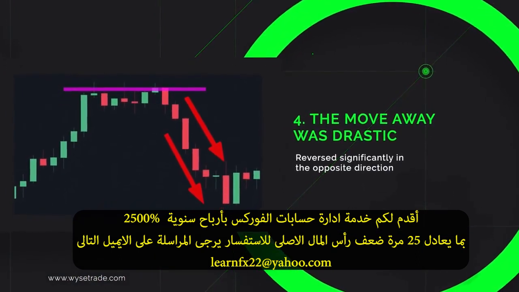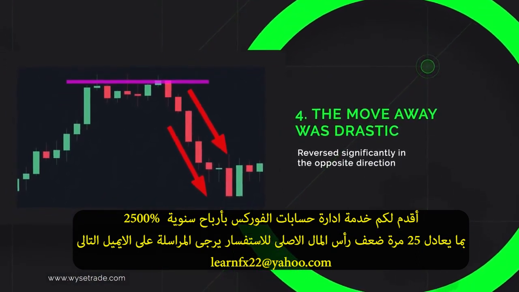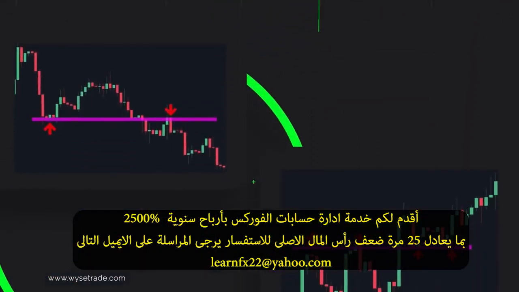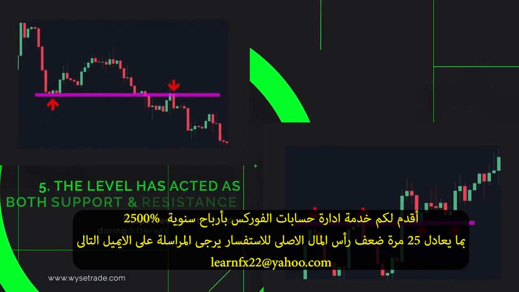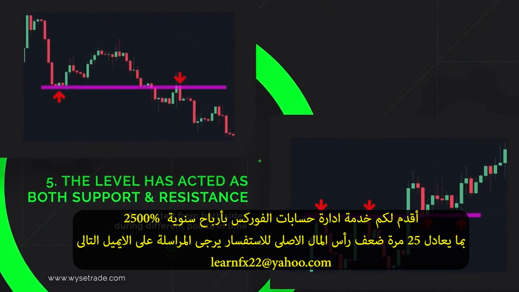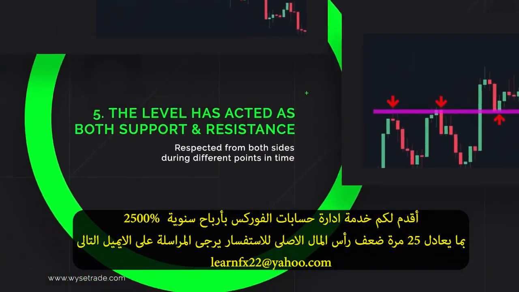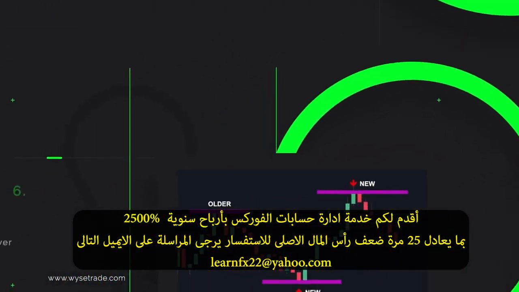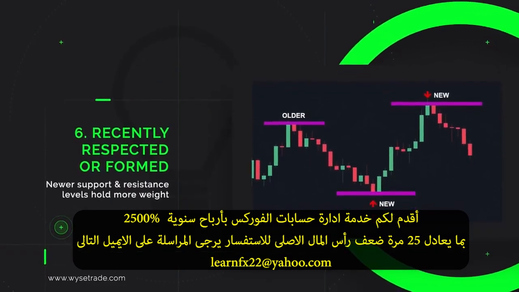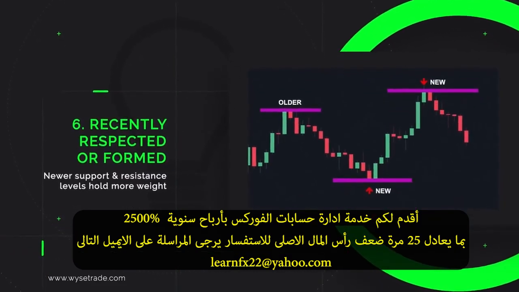The move away from the area was drastic. 5. The level has acted as both support and resistance, meaning it was respected from both sides. 6. The level was recently respected or formed in a recent time period.